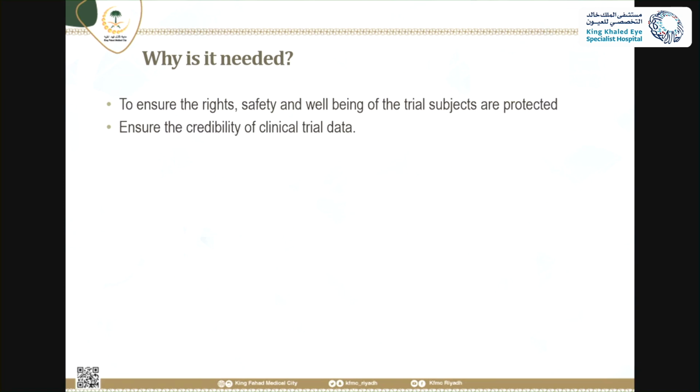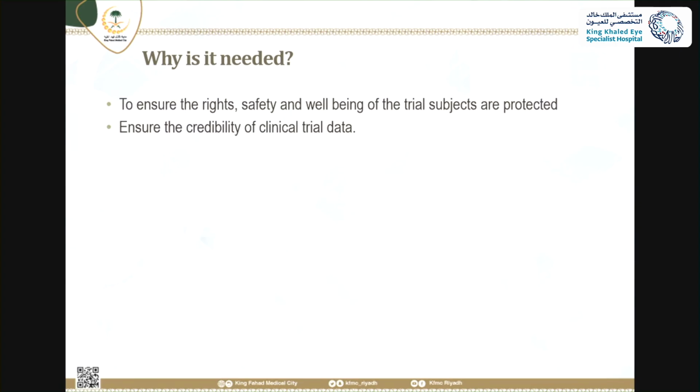Just to introduce and share with you something. Any research activity in any institution is governed by two programs: the Human Research Subject Protection Program and the Research Program. The Human Research Subject Protection Program is the responsibility of the top authority, for example at your hospital, the CEO.